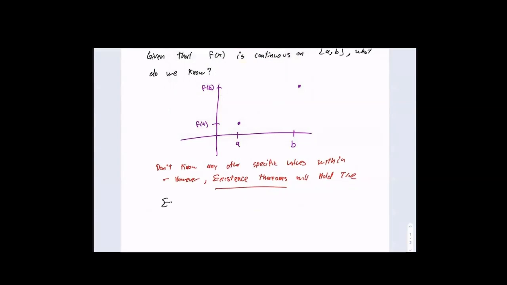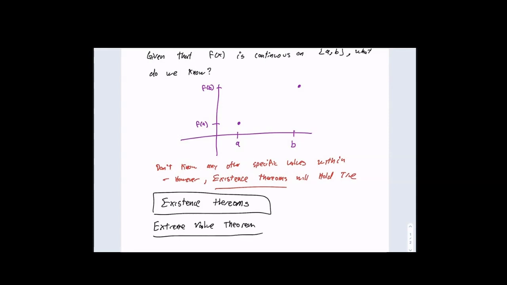Existence theorems. Well, we know the first one, which is the extreme value theorem, EVT.